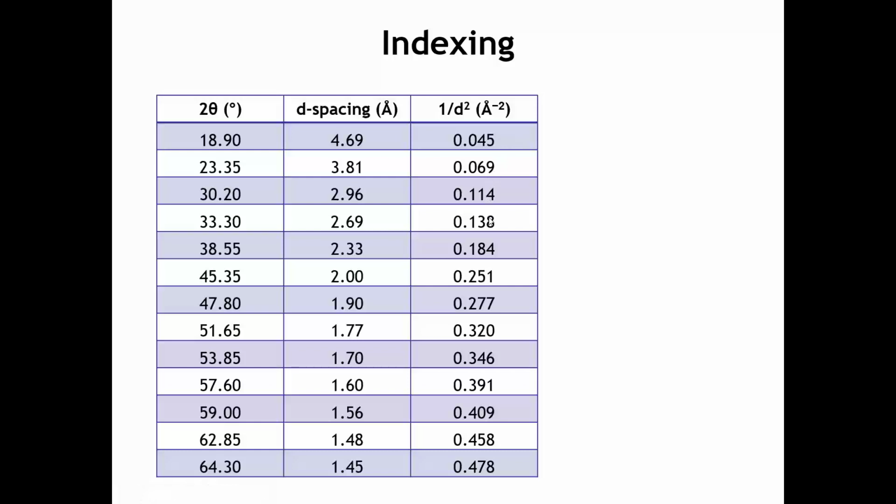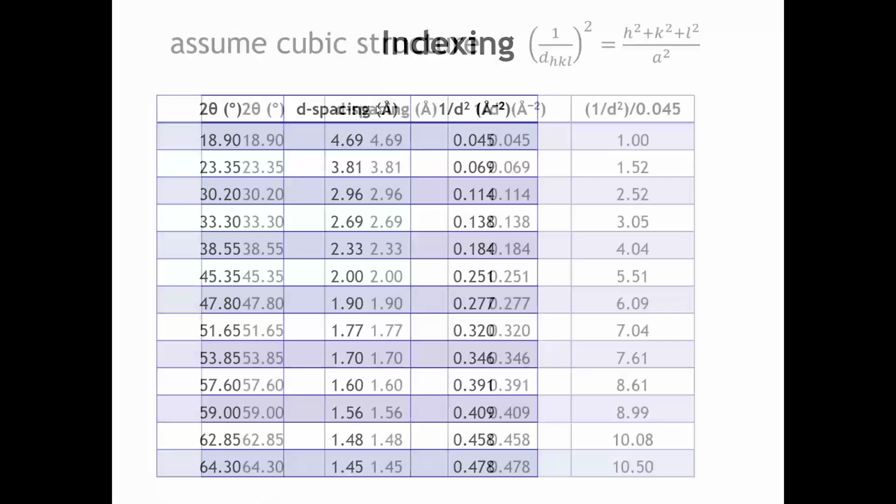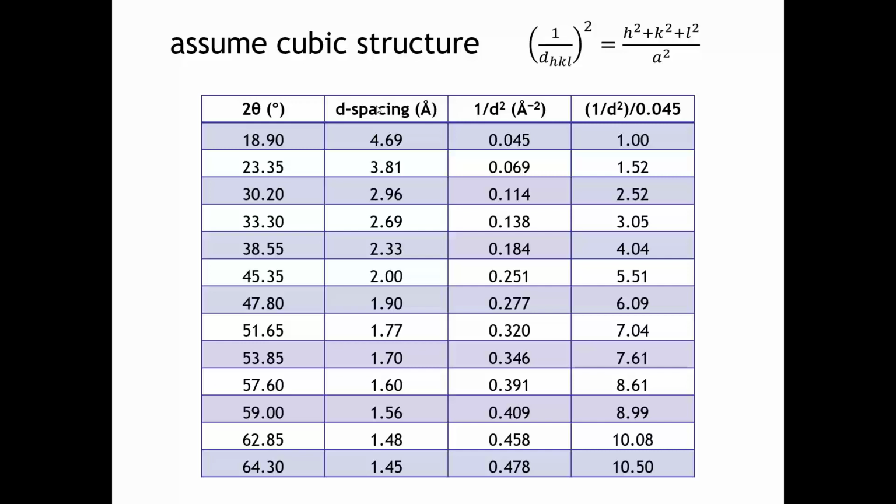The procedure we used last time to come up with that factor is to assume that the first peak is the 1, 0, 0 peak, in which case the d spacing of that peak becomes the unit cell parameter. If we do that here and look at our equation up here, which relates the d spacing in a cubic crystal to the values of h, k, and l and the lattice parameter, for the 1, 0, 0 peak, you can see this numerator becomes 1, and d_hkl is equal to a.